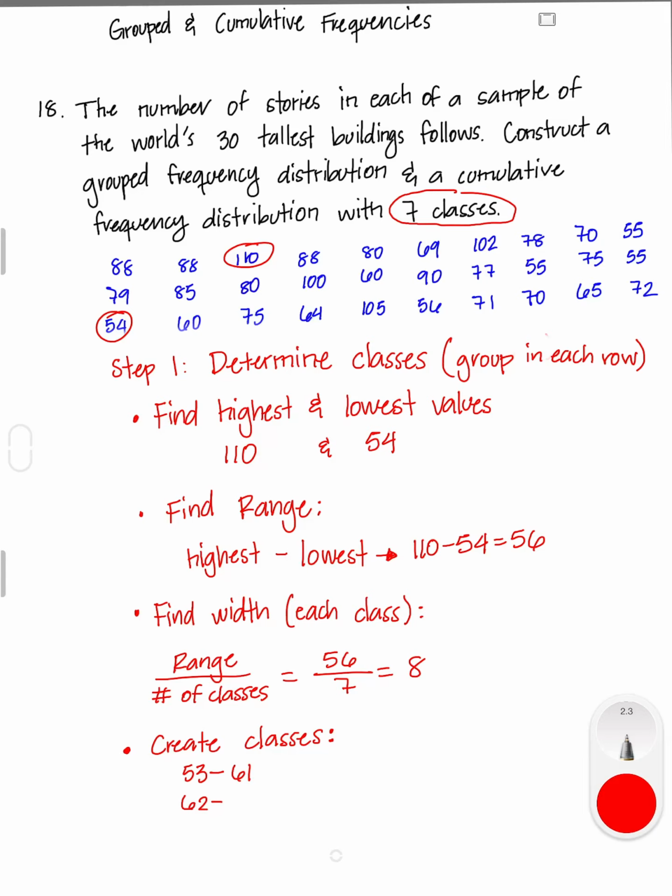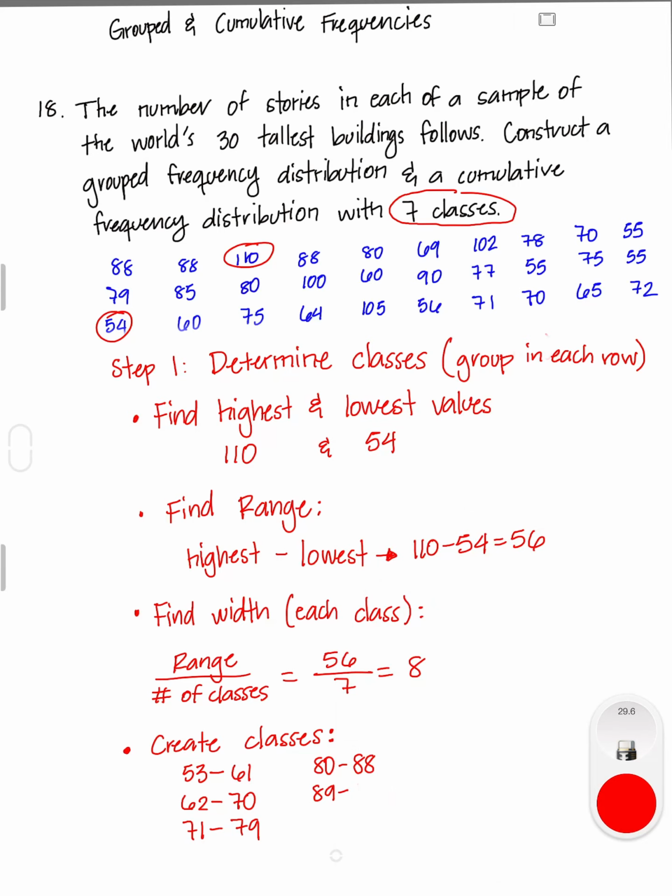Now 62 plus 8 is 70. Our next class will start with 71, plus 8 is 79. Then I start with 80, plus 8 is 88. Then I start with 89, plus 8, that'll be 97.